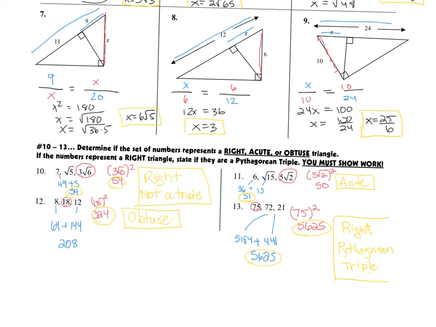In number 11, this was our largest side, and when I squared it, that would give me 50. And then I squared the other two remaining sides and added them together. Notice I get 51. And since 51 is greater than 50, then this is an acute triangle.